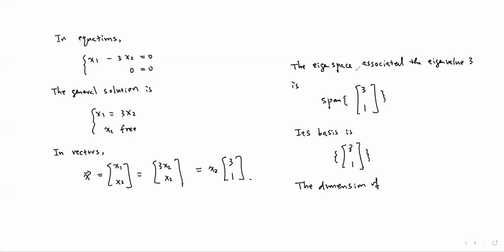Each space has a basis, and the number of vectors in the basis is the dimension of the eigenspace. So this is a one dimensional space. Okay, done.